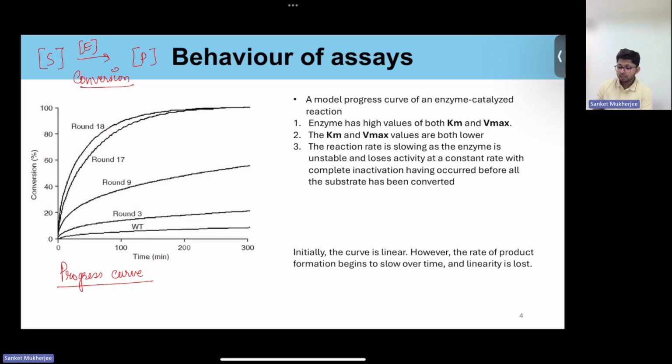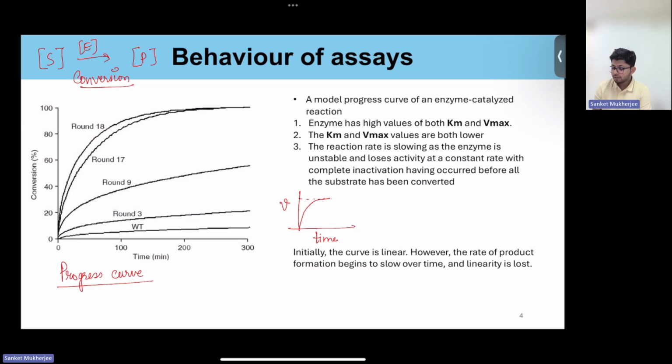The curve can also be represented in a graph like this. Let's draw it here. It's V, that is the velocity, against the concentration.